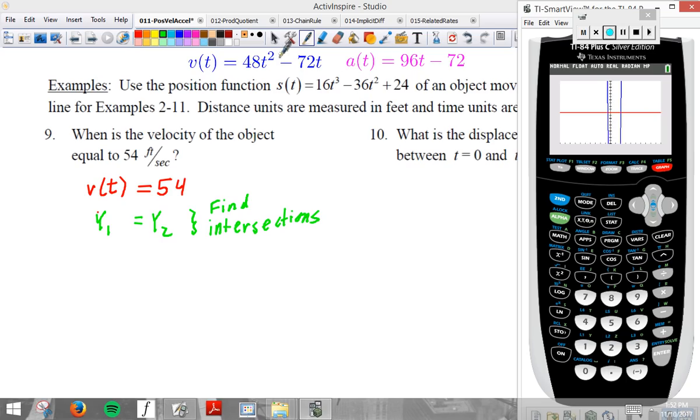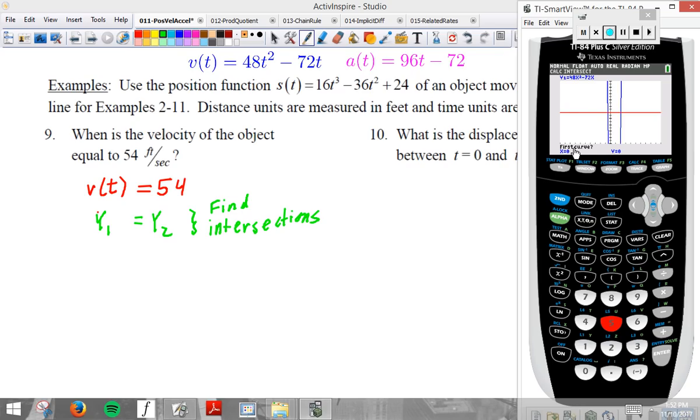Because I know a quadratic function is a parabola, I don't need to worry about other intersections happening outside this little box. So we're going to try to find out where these two cross. We use second, trace, and we're going to use 5, the intersect.